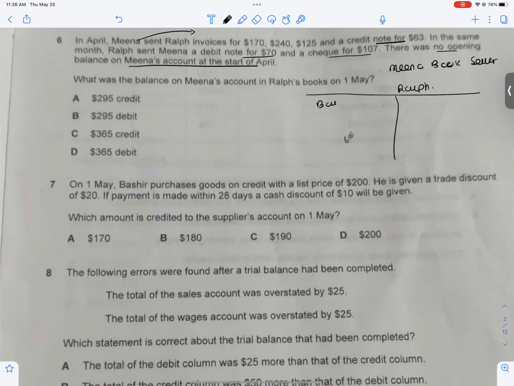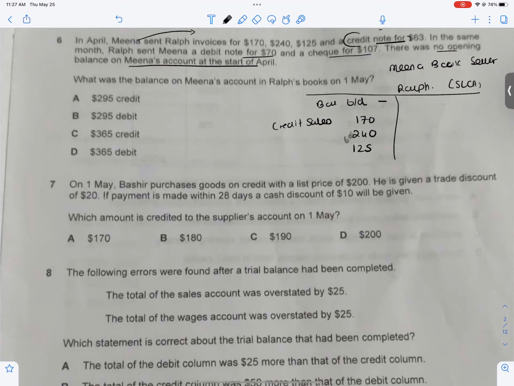Ralph is like an SLC account. So if we have a balance brought down on the debit side, below that we will have credit sales. But there is no balance brought down, so I'll write a dash. Credit sales is for 170, 240, 125.